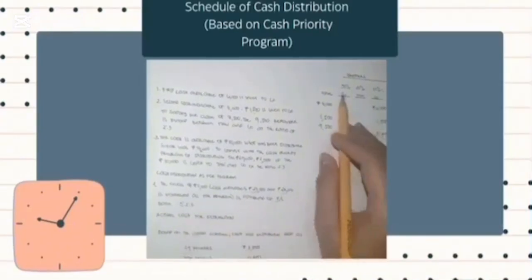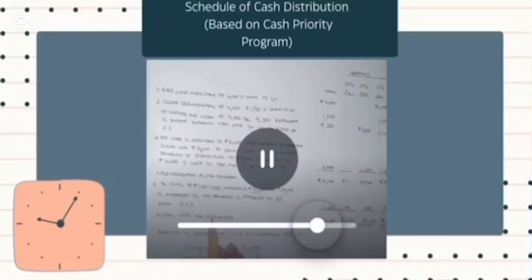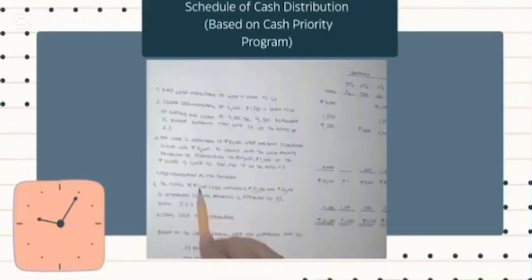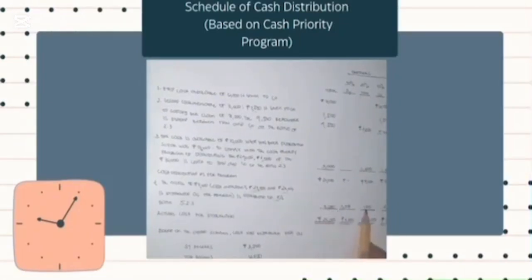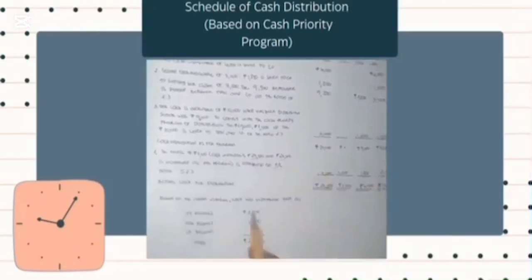So Sai gets 5/10 multiplied by 7,000, and the result is 3,500. While Tan gets 2/10 multiplied by 7,000, and the result is 1,400. And Co gets 3/10 multiplied again by 7,000, and the result is 2,100.